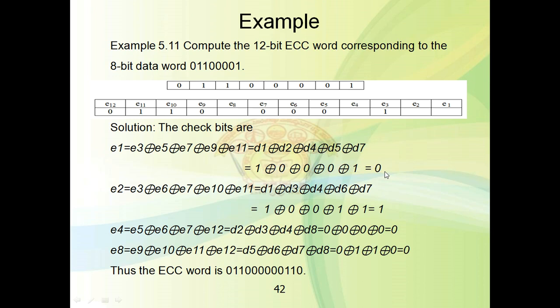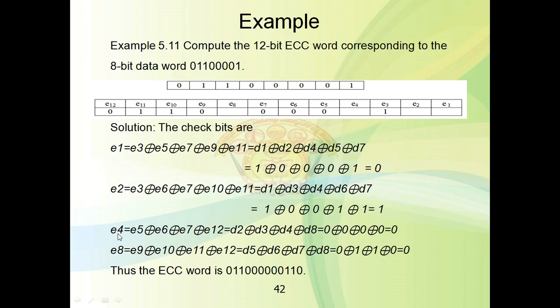Now e2 is the XOR of e3, e6, e7, e10 and e11, that is 1 0 0 1 1. There are 3 ones, which means the XOR is 1.